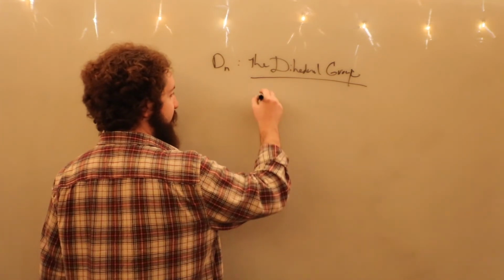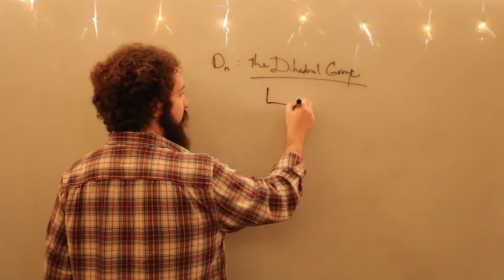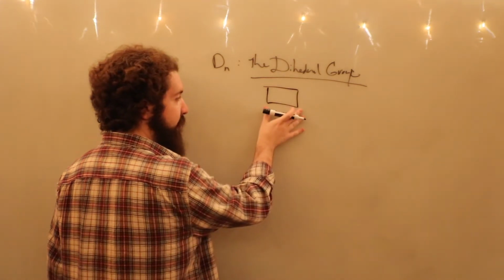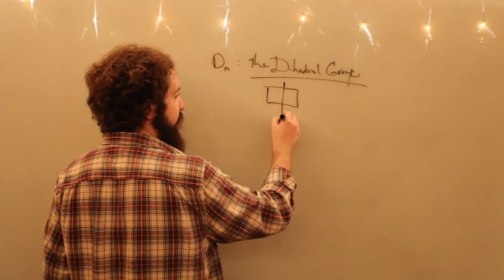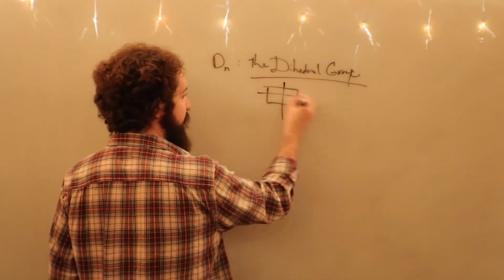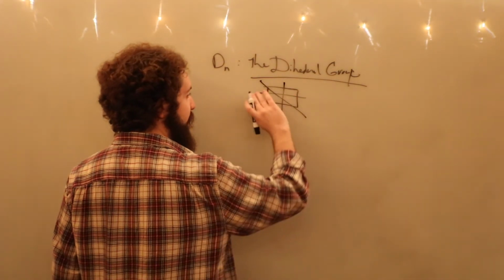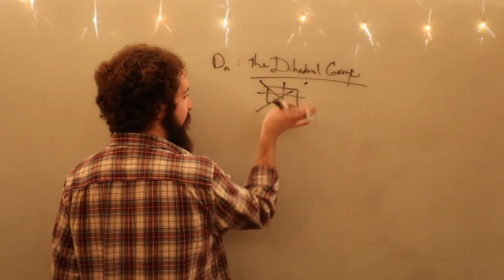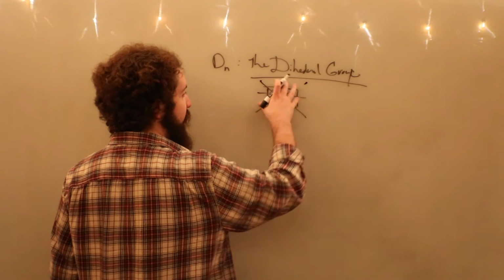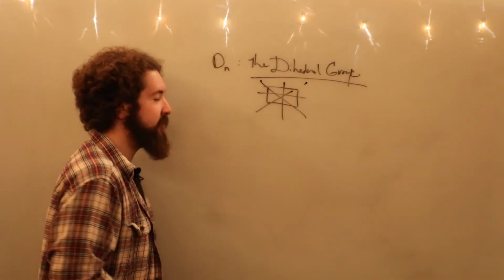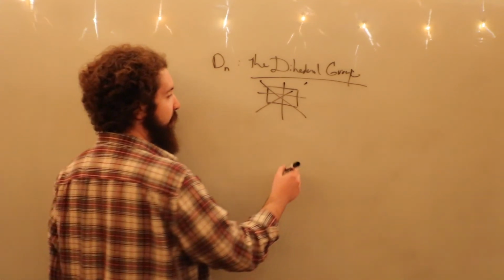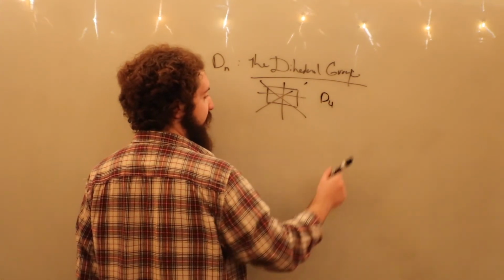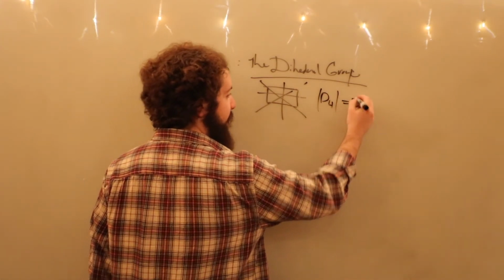So for instance, D4 is going to be the group of symmetries of the square. So that's going to include this reflection, that reflection, and then also all the rotations in both directions. And this ends up being, including the identity transformation, D4 is an order 8 group.